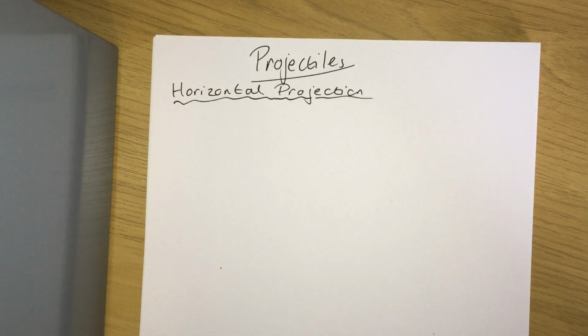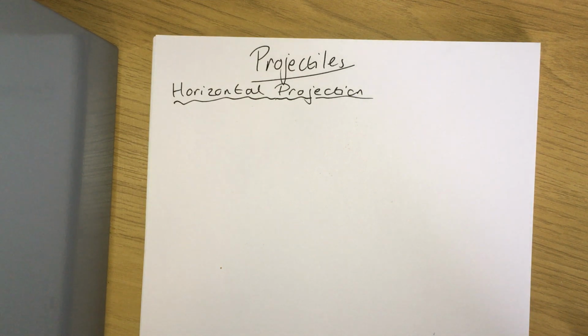Okay, so the first thing we're going to look at is horizontal motion. So this means projecting something sideways, so it might be throwing something out of a window, something like that, where the only force acting on it is gravity, and the velocity initially projected is in a horizontal direction.